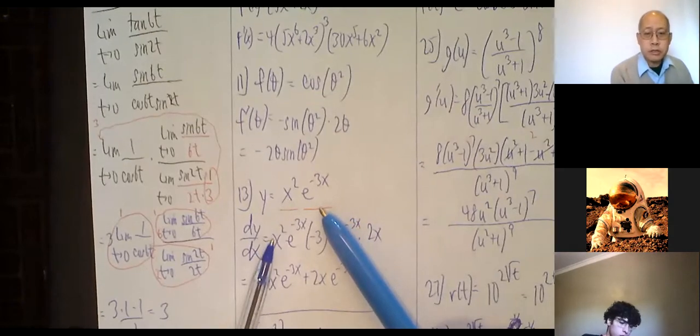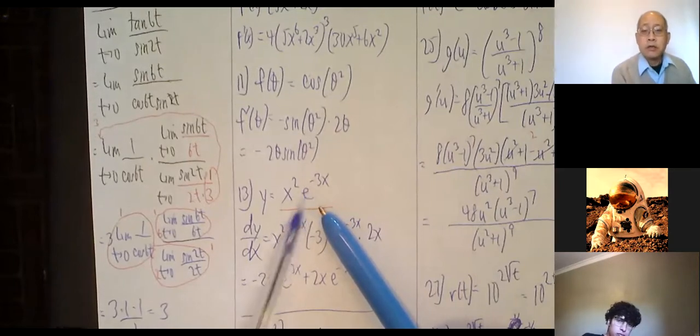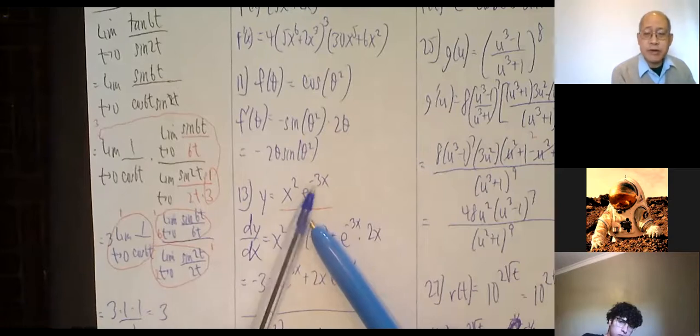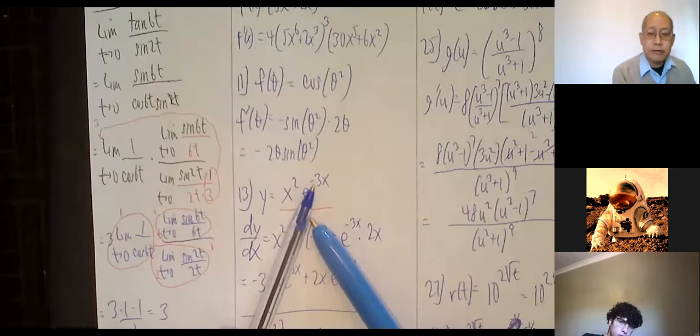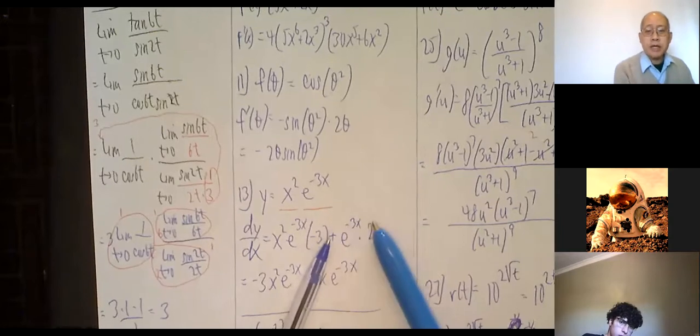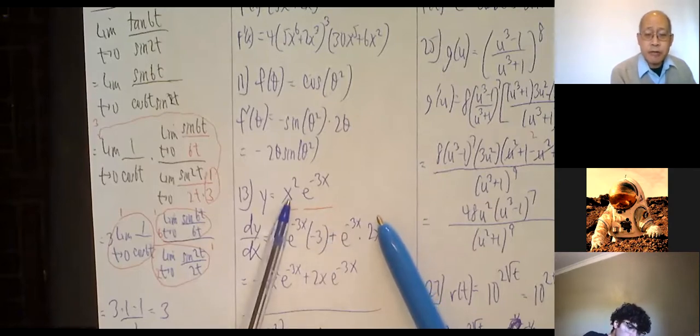Right, so first times the derivative of second. So what's the derivative of e to the negative 3x? First you put e to the negative 3x, and then by the chain rule, it's times the derivative of the inside function. The inside function is negative 3x. The derivative of negative 3x is negative 3. Plus, still part of the product rule, second function, e to the negative 3x, times the derivative of first.